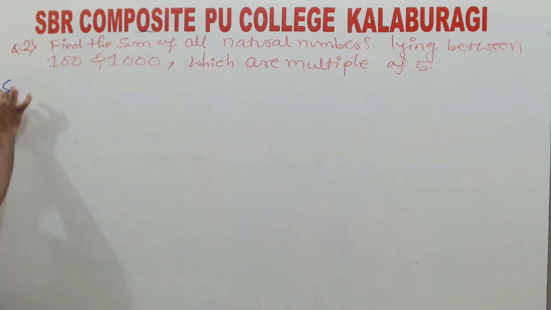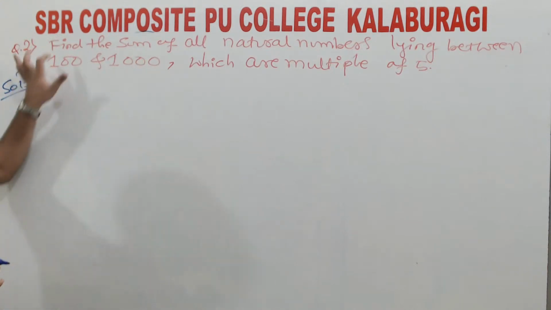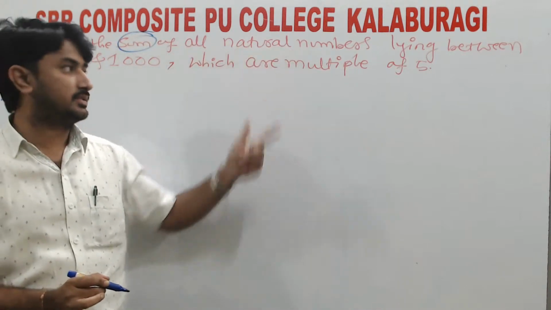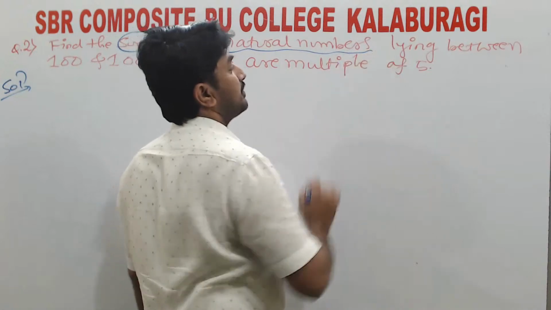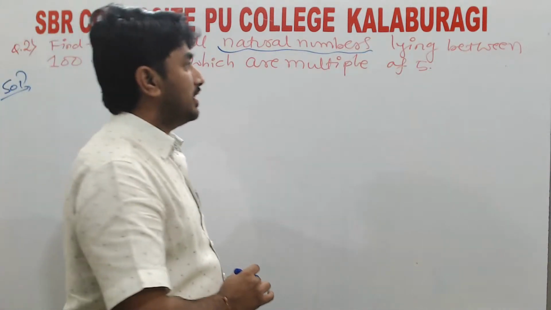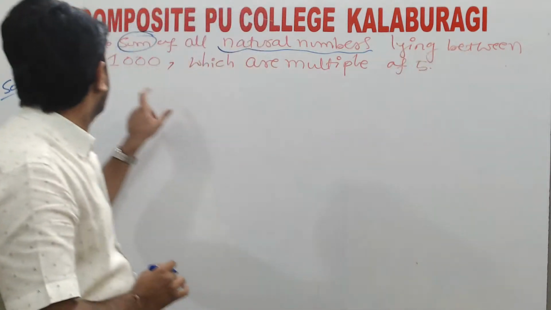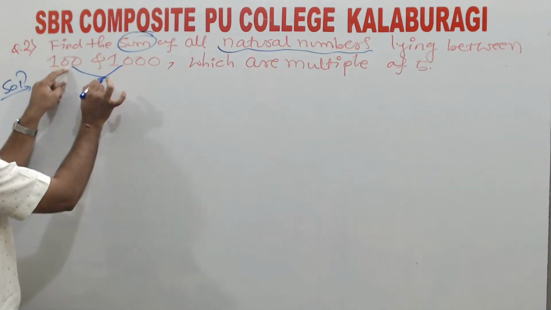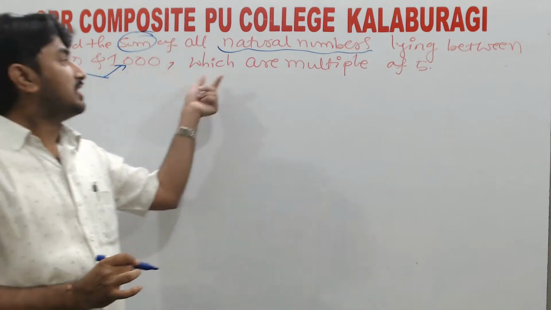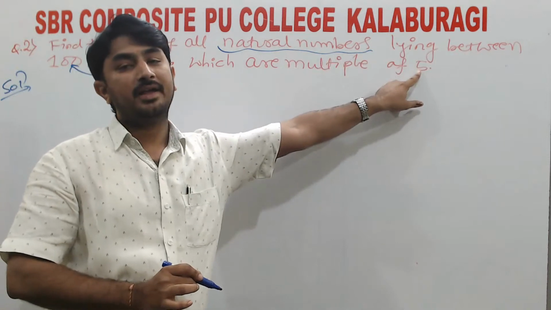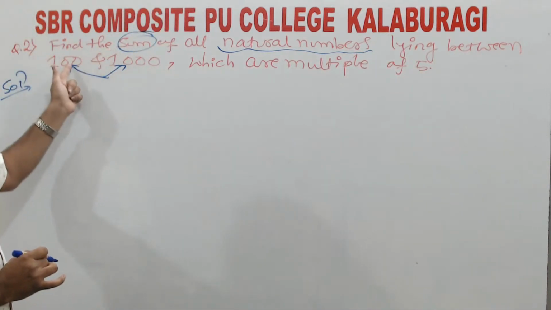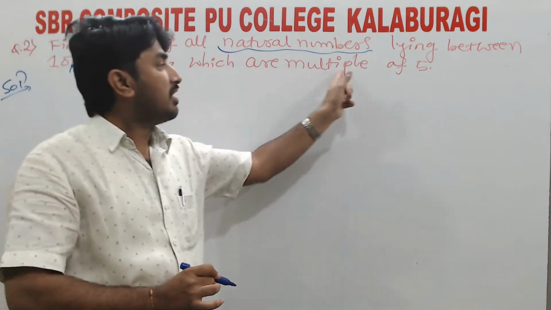I am taking here what they are given. Find the sum of all natural numbers. The natural numbers start from 1: 1 plus 2 plus 3 are called natural numbers. Lying between what? 100 to 1000, but the condition is there, which are multiples of 5.